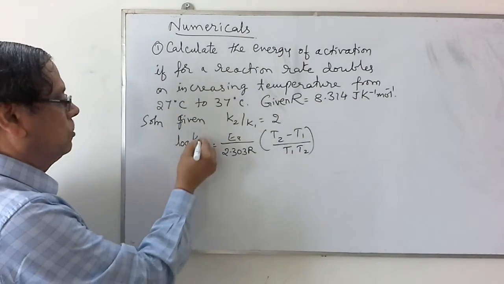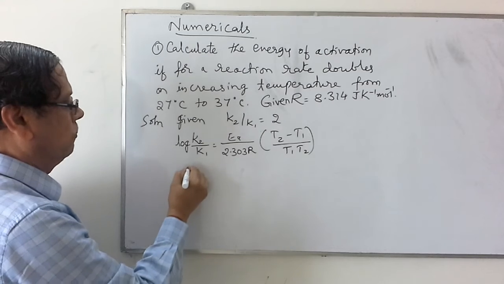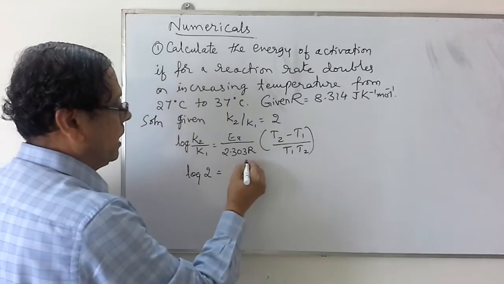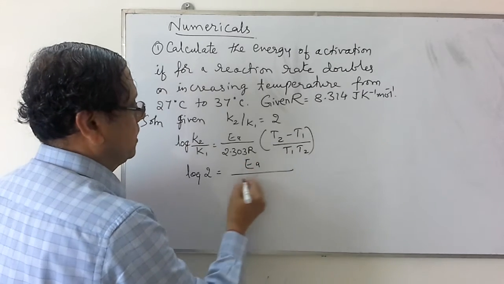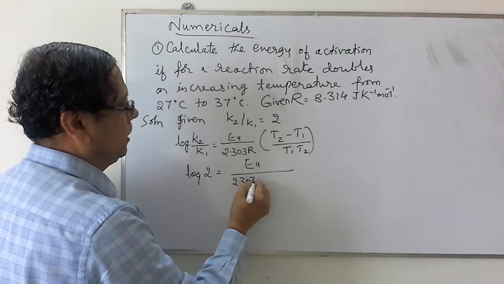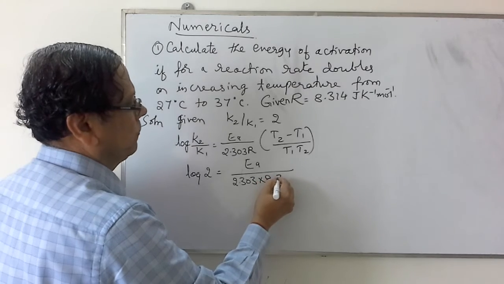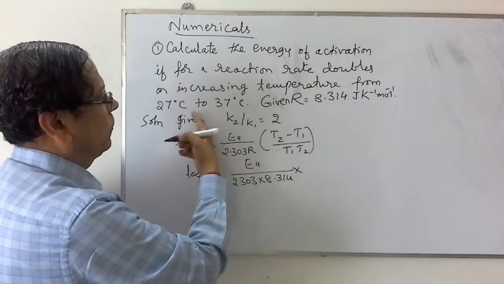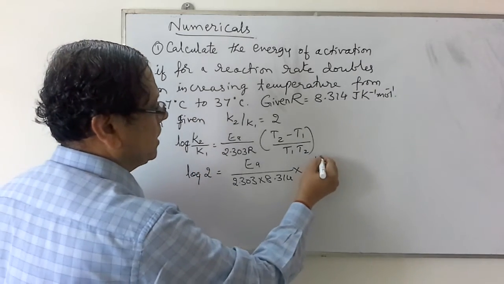If K2 by K1 is 2, then log 2 is equal to Ea, the energy of activation, divided by 2.303 into 8.314 into T2 minus T1, the difference of the two temperatures, which is 10 degrees.